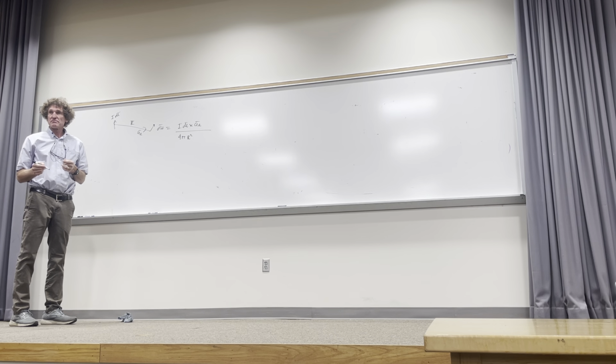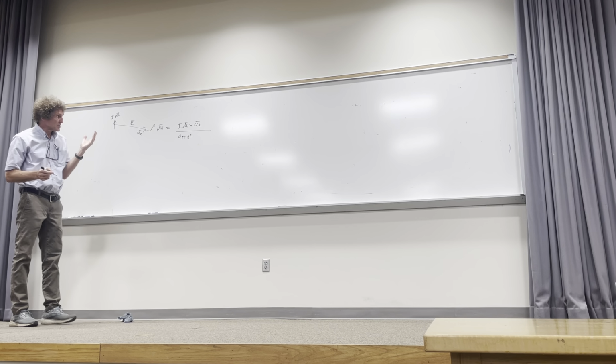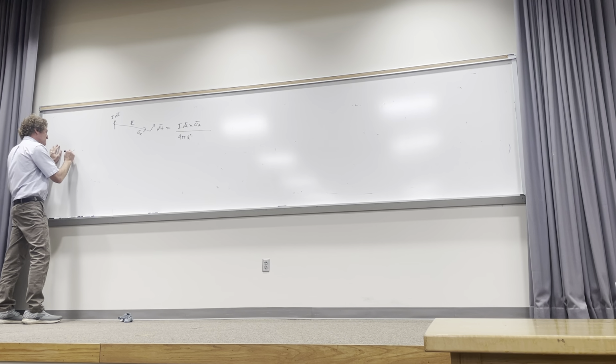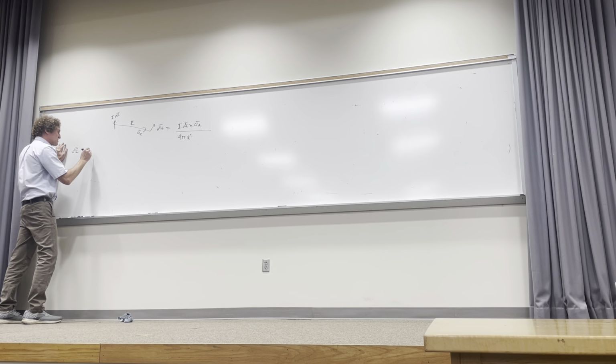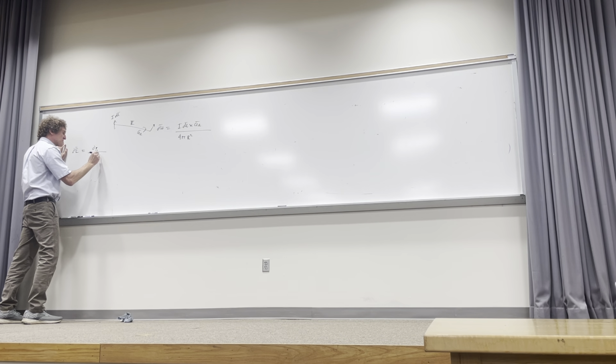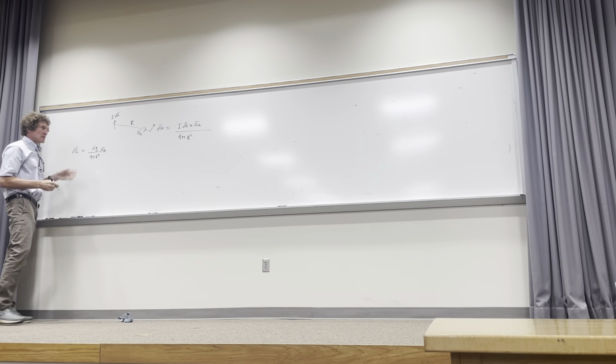That's it, in a nutshell. Very similar to what you saw for dE from a chunk of charge, which is just dq over 4 pi r squared a_r. Very simple.